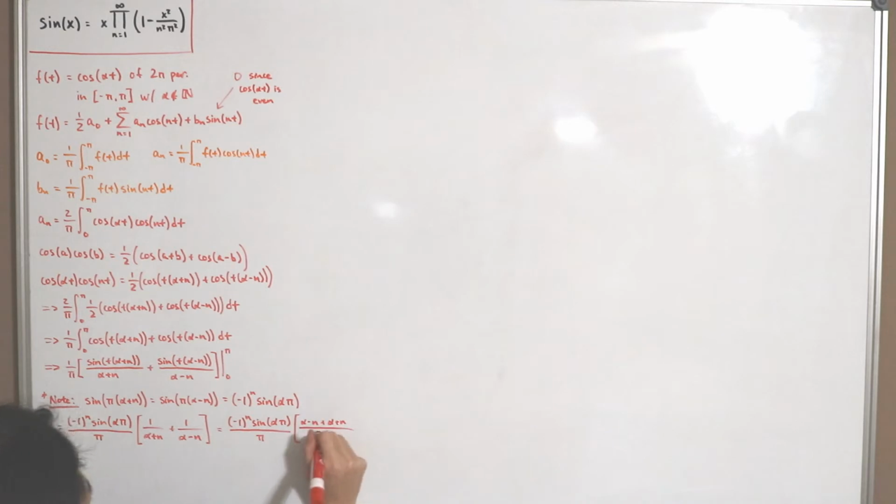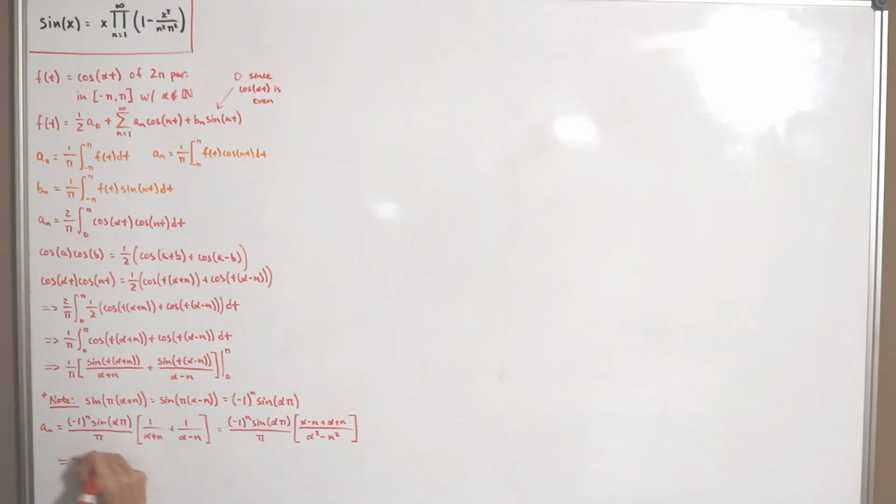We get a difference of squares, alpha squared minus n squared. Keep going a little further, and this is 2 times alpha divided by pi, simply because the n's cancel and we have alpha plus alpha, and I factor that outside. Then multiply with everything from here. So it's (-1) to the power n, sine of alpha times pi, divided by the denominator, alpha squared minus n squared.